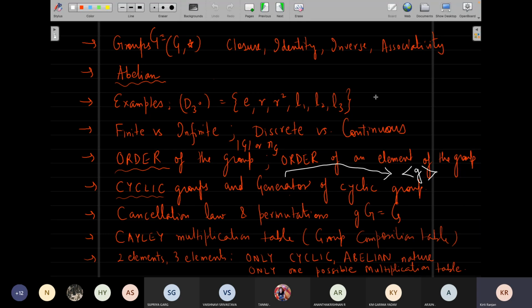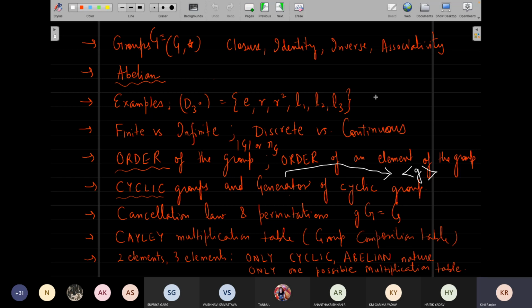We then discussed that there can be finite versus infinite groups, and for the infinite ones we have discrete versus continuous groups. For finite groups there exists something we call the order of the group, which is nothing but the number of elements in the group. We also discussed the order of an element of the group, the minimum positive integer which will result in the identity element.